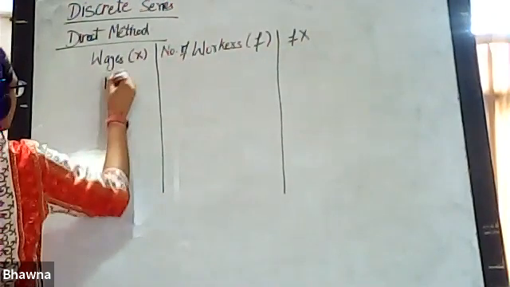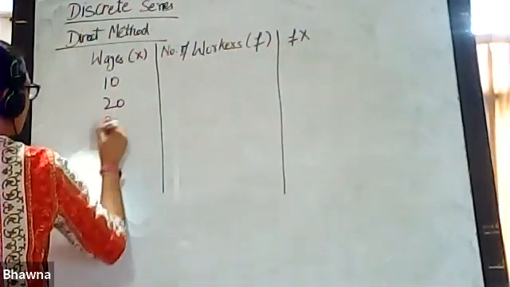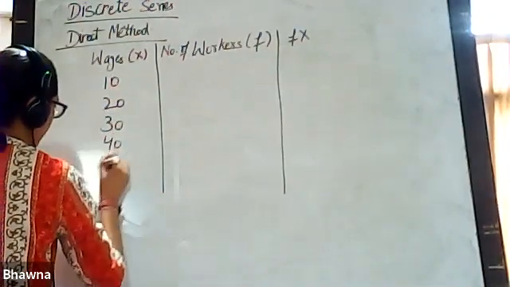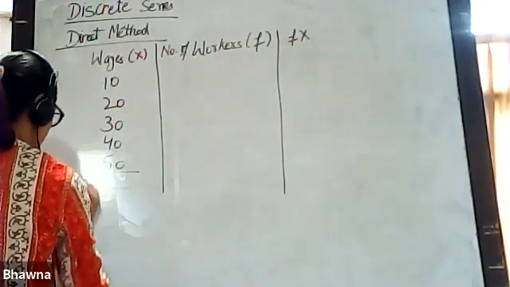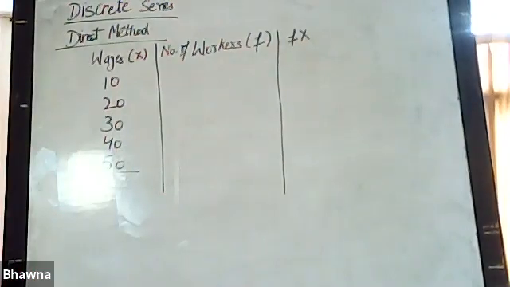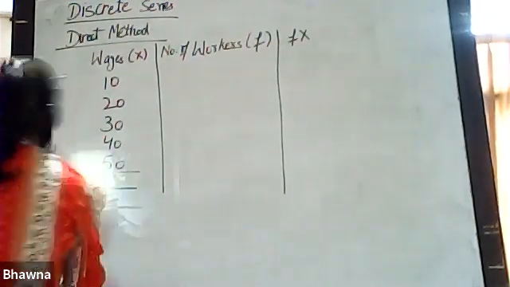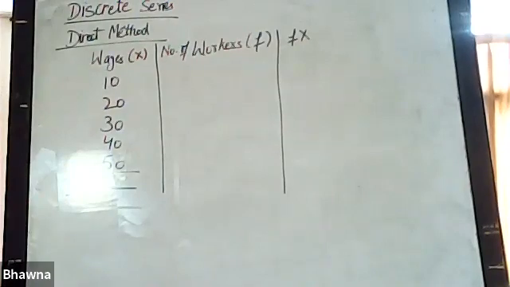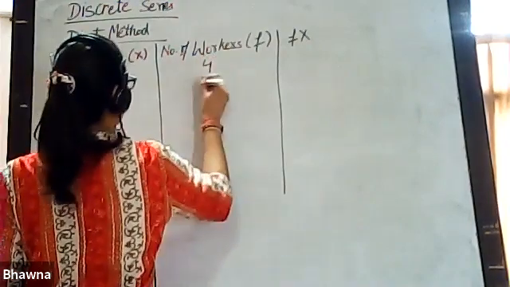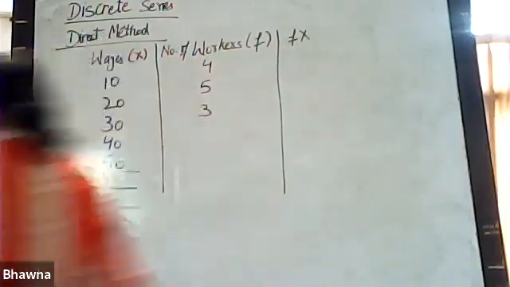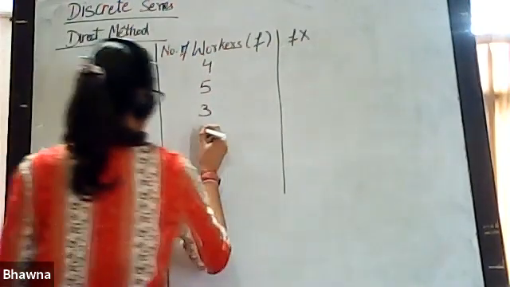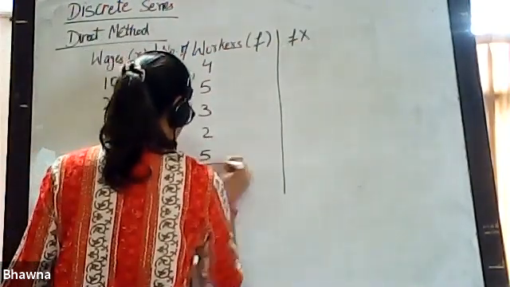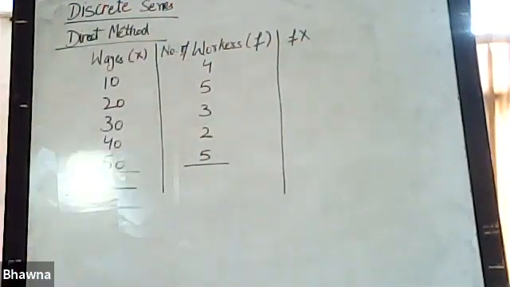The values of x are 10, 20, 30, 40 and 50, and the number of observations is 5. The numbers of workers are 4, 5, 3, 2 and 5. These both the values or observations are given.